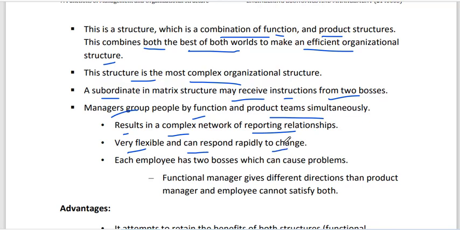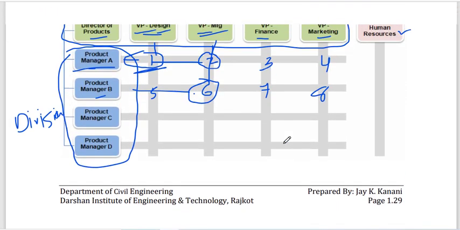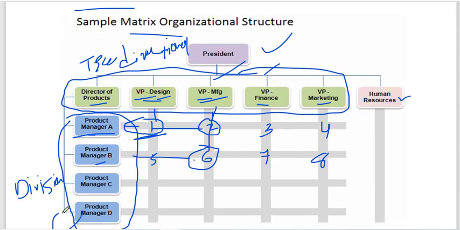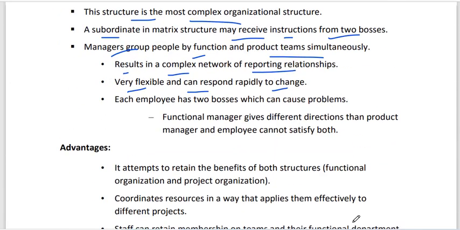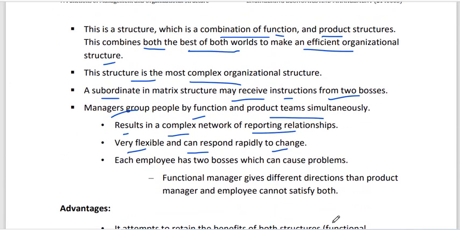Let's say one product is there, D. If I want, let's say in Apple, to close down the iPad, then we just have to remove those employees. So it is flexible and can respond rapidly to change.